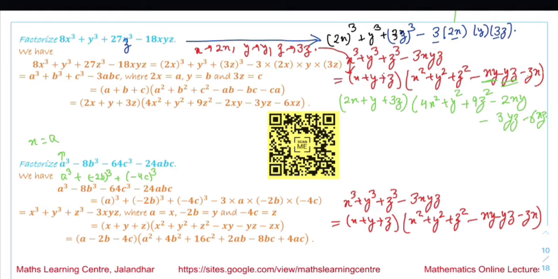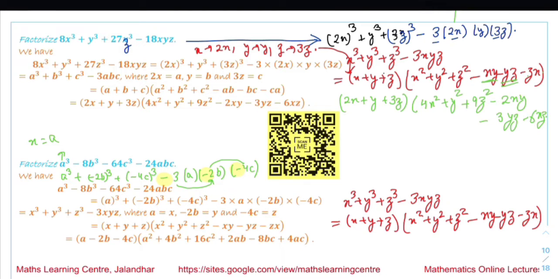Now the next term is minus 3 into a into minus 2b into minus 4c. So 2 4s are 8 and 3 8s are 24, and the signs we have are negative, negative and negative, so total sign is negative.